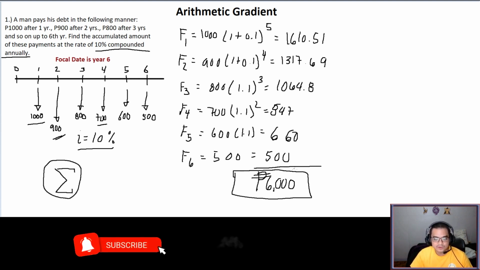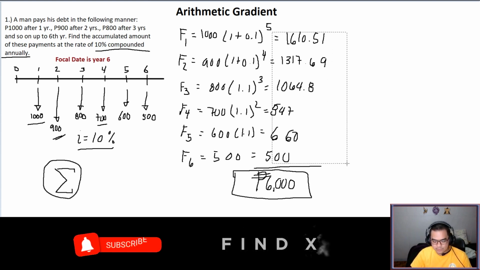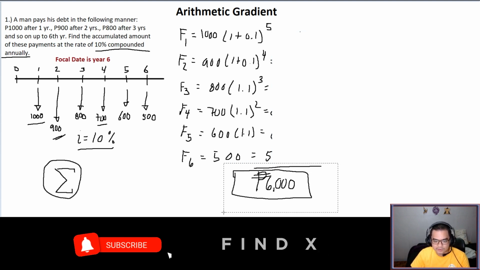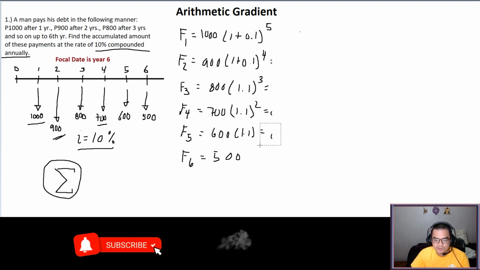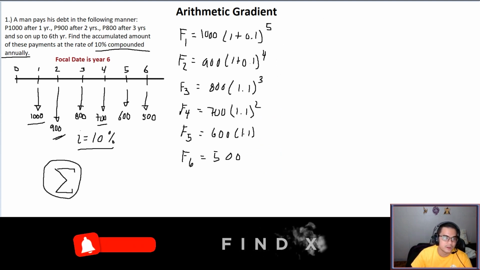As you can see, we have an answer of 6,000, so we can just simply memorize that. I will remove all the answers. There you go. Now, let's try to derive a formula so that we can use a summation function.